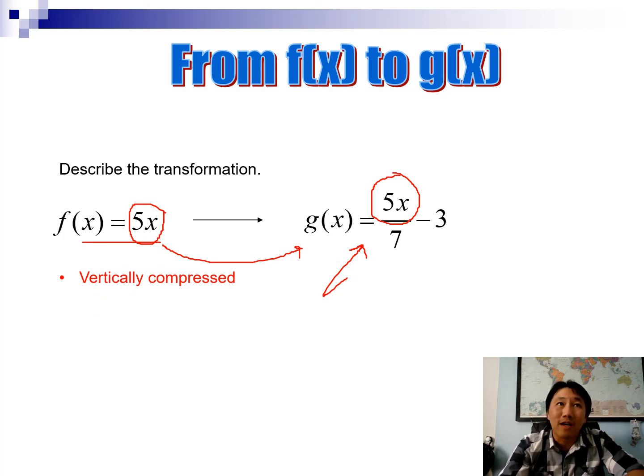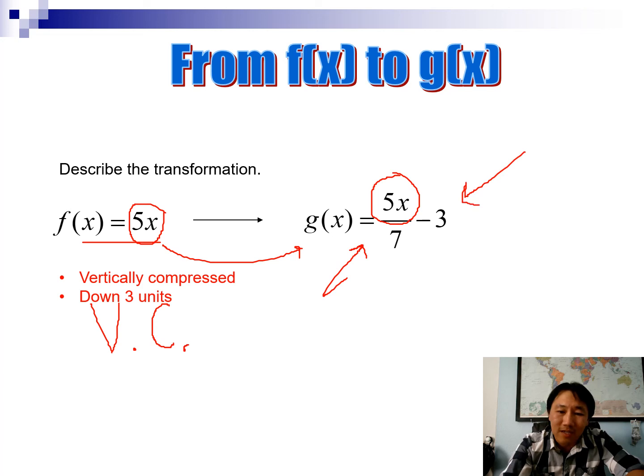So when you multiply the graph by 1/7, it just makes it wider. So vertically compressed. I know you guys need to write the whole word. It's difficult for me to write it with the mouse. That's why I just went VC, but vertically compressed. And this -3 says that it goes down 3 units.